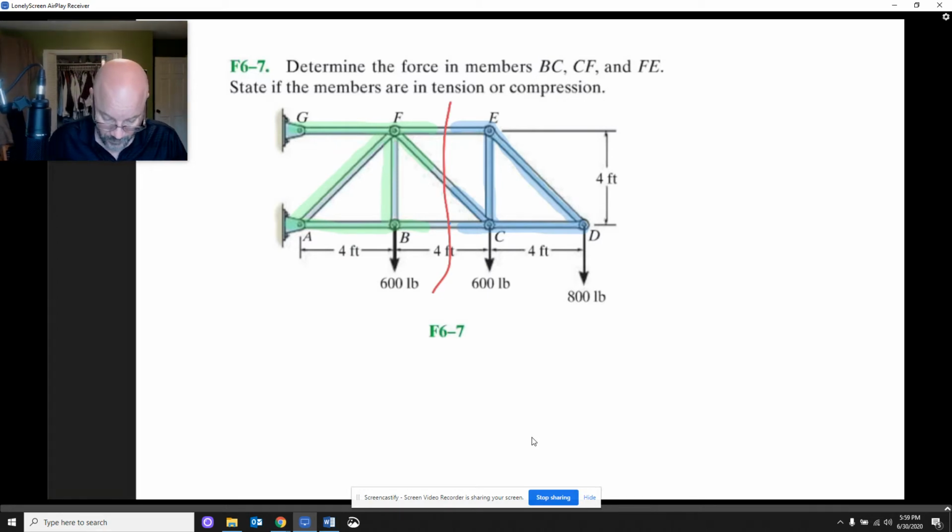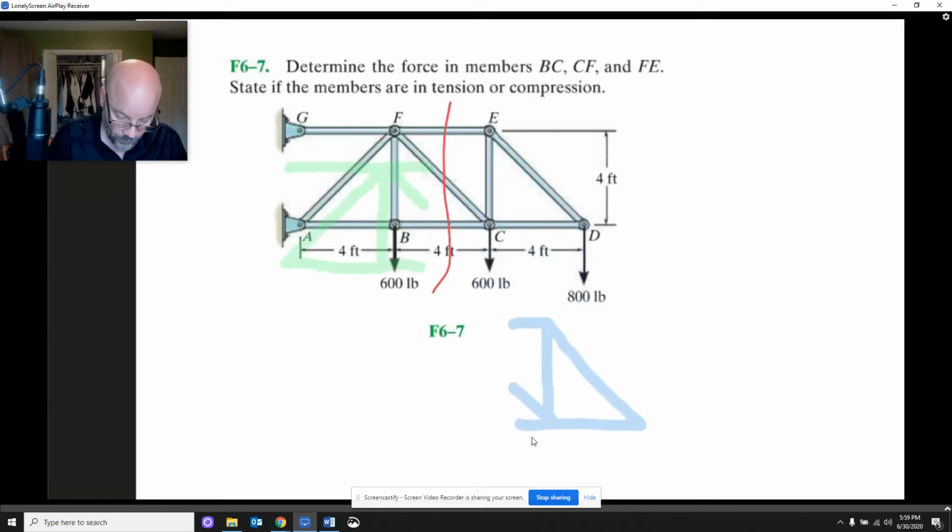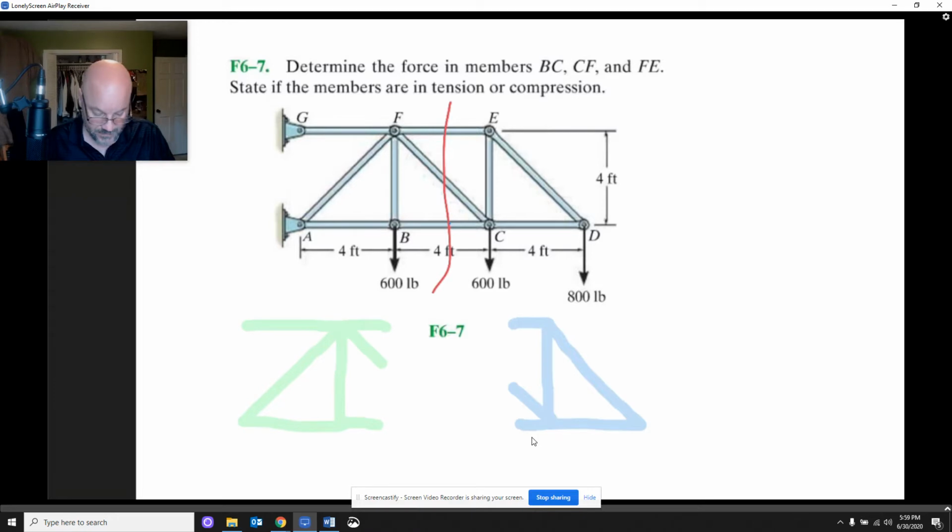So anyway, what we're going to do is cut these pieces like this. Now, if an object is in static equilibrium, which is what we're talking about in statics, then every piece is in static equilibrium.